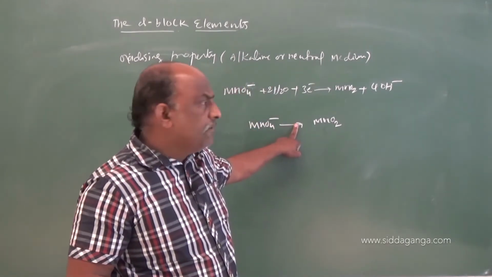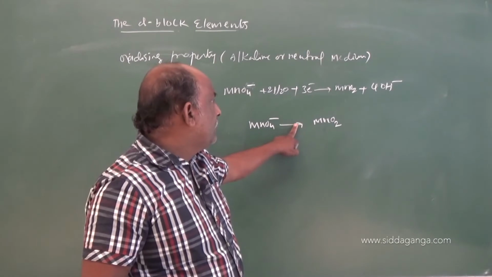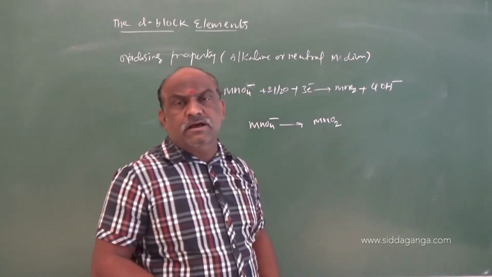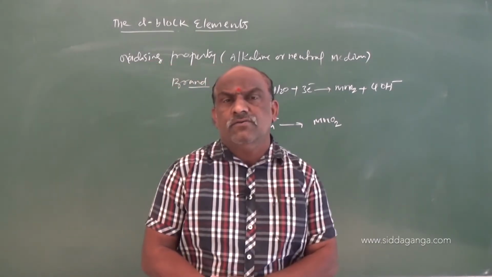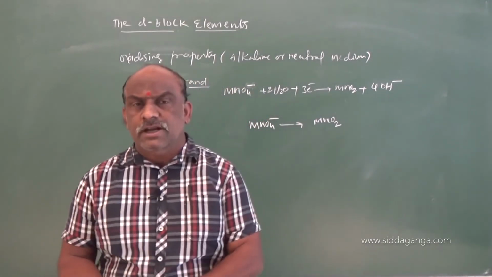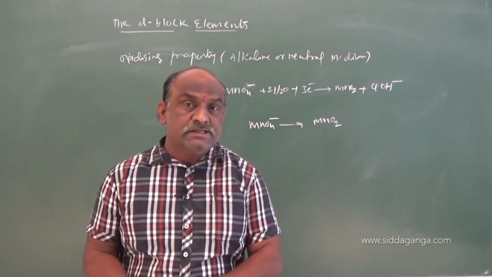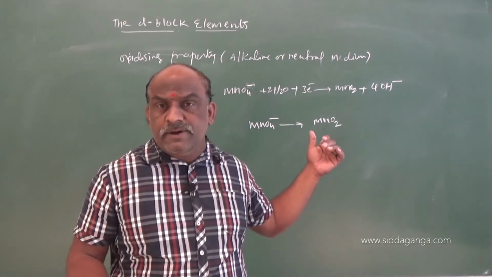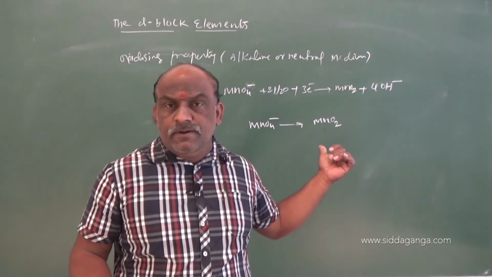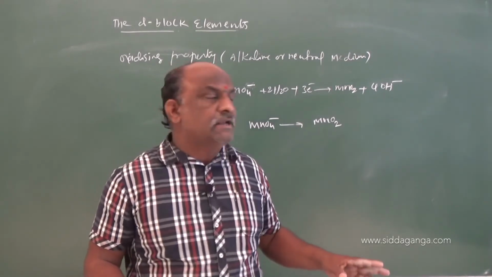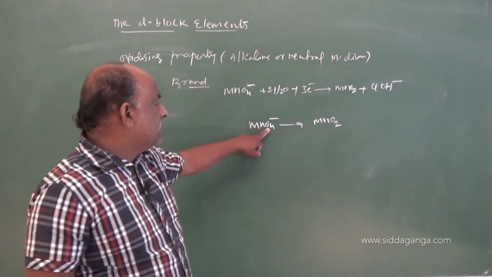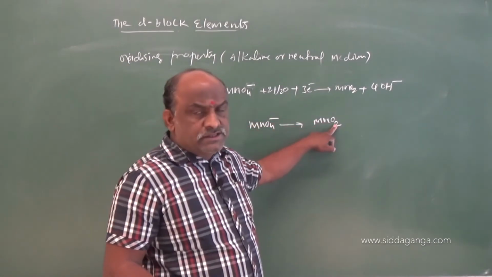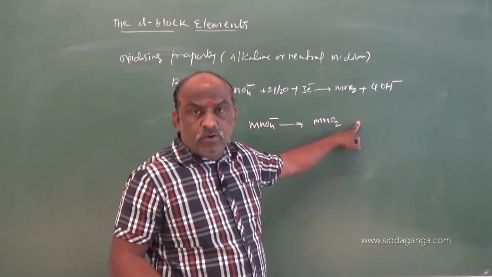In alkaline medium, what are the conditions? Addition of water towards where hydrogen atoms are less, addition of OH minus towards where oxygen atoms are less. Here 4 oxygen atoms are there, here 2 oxygen atoms are there, still we require 2 more oxygens.